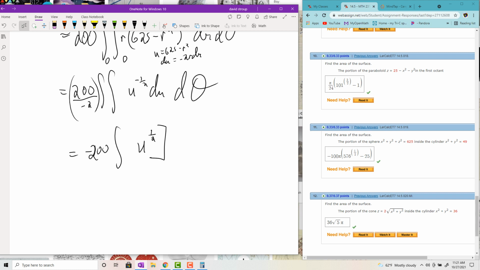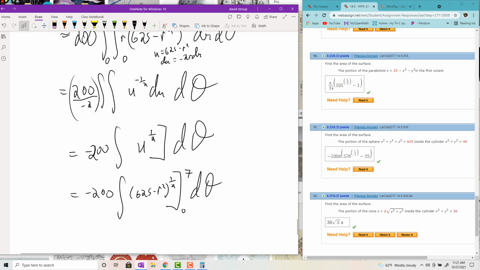And then I need to evaluate once I back sub. So this will be negative 200 times the integral of (625 minus r squared) to the 1/2 from 0 to 7, I think we decided on, and then d theta.